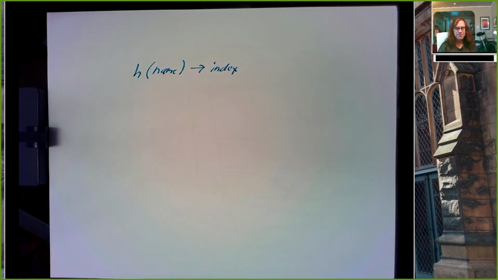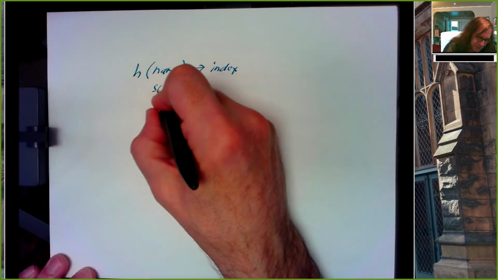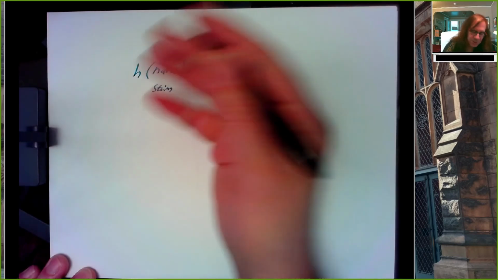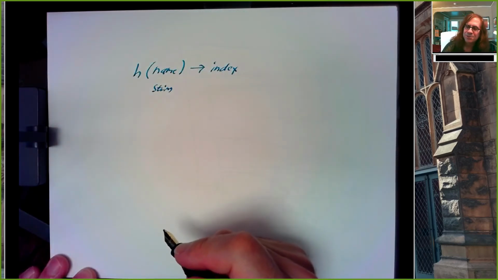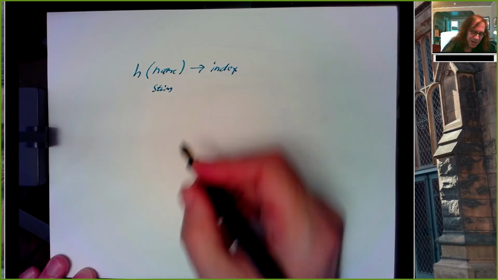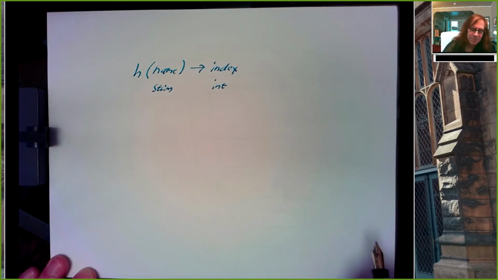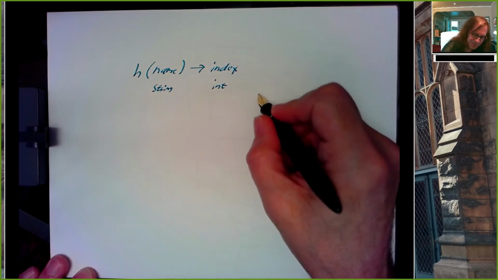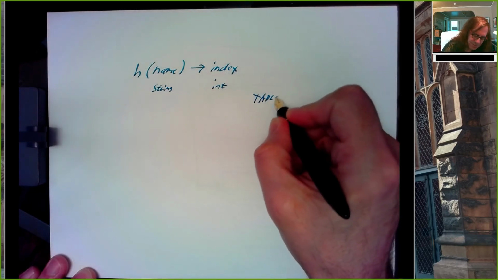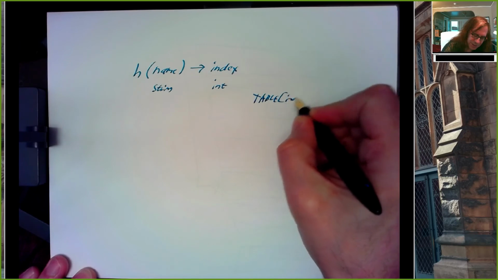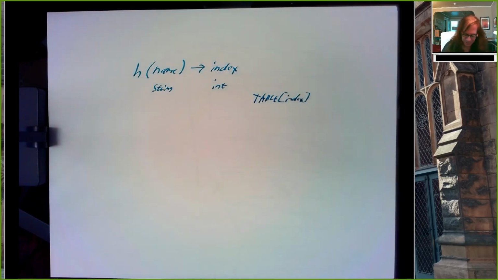We give it a string, which is the name of the person whose office we're looking for, and it gives us back an index, which is an integer. Now if we look at table[index], that's where we're going to find the information we want. So it's pure order 1.